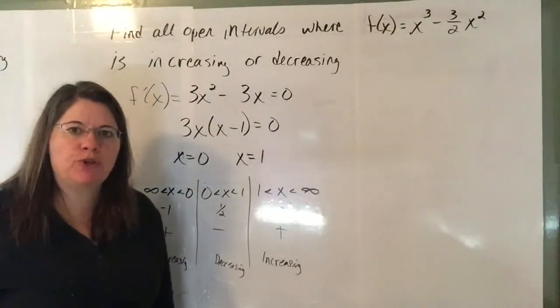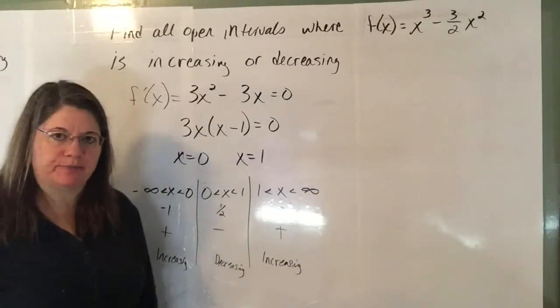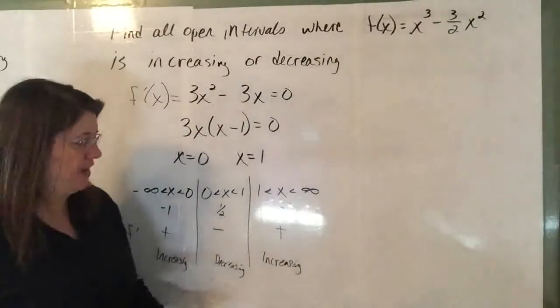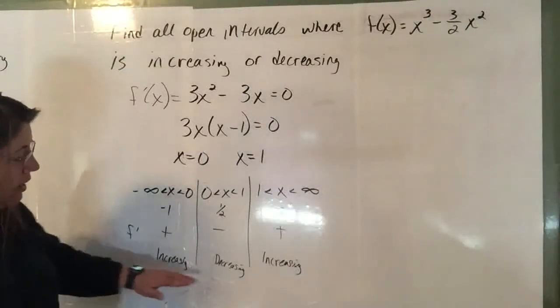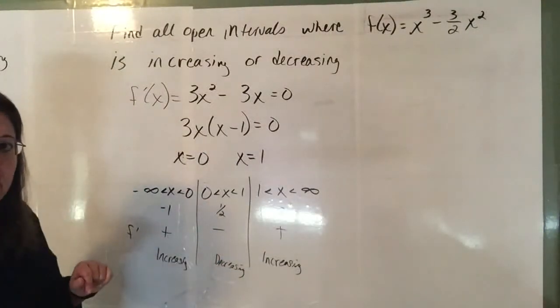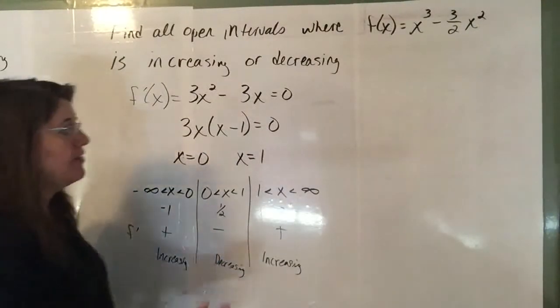The next thing they're going to want you to do is to justify your answer. So if I'm looking for a justification for how I know where this function is increasing or decreasing, what I can say is this.